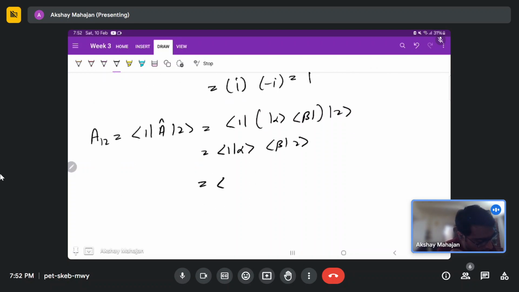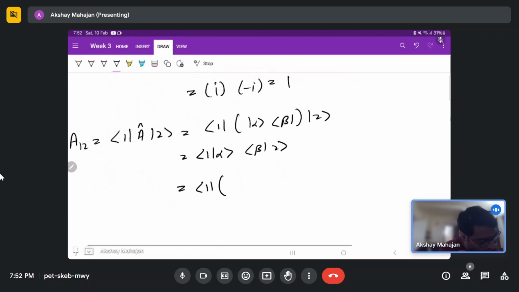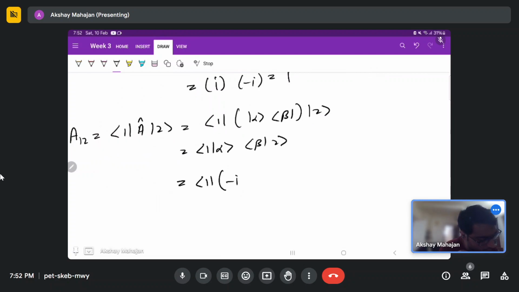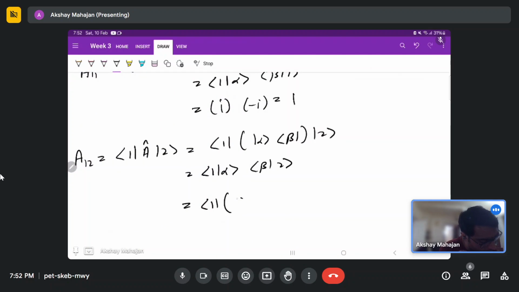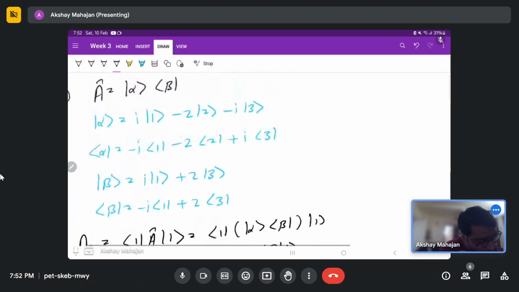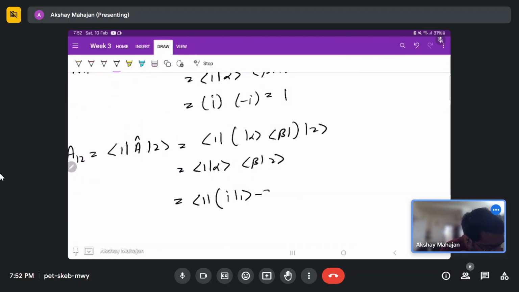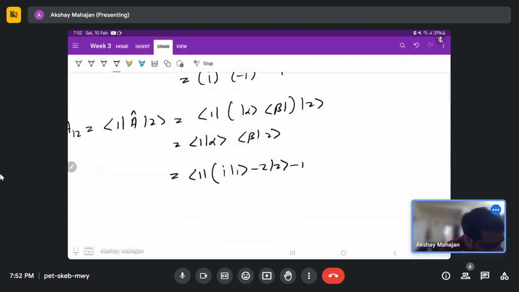Let me write this in a proper way so that you understand what we are doing. We have ket of alpha here. So ket of alpha is written as iota times ket of 1 minus 2 times ket of 2 minus iota times ket of 3.